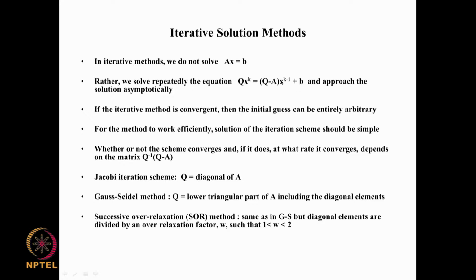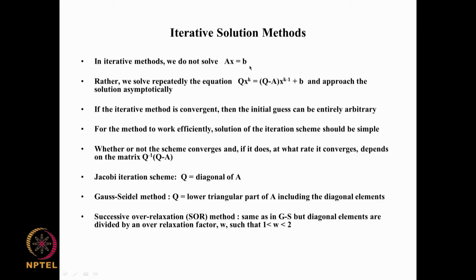So, Qx^(k-1) and Qx^k will cancel out, and this minus comes here, you get back this equation. So, even though you are solving this equation which looks different from this equation, the converged solution is the same as this equation. Okay.